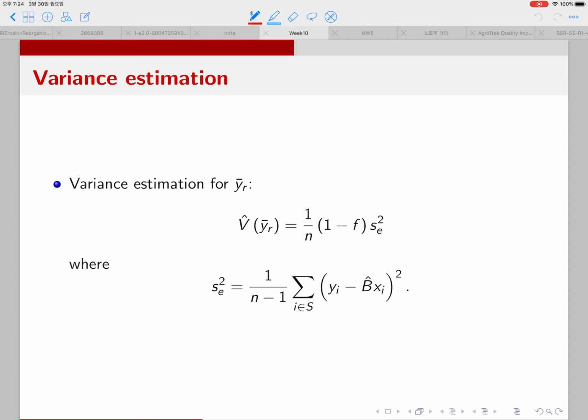Now let me quickly finish up with the variance estimation. So note that the variance of y bar R is 1 over n, 1 minus f, and f is this one, right? times S_d square.